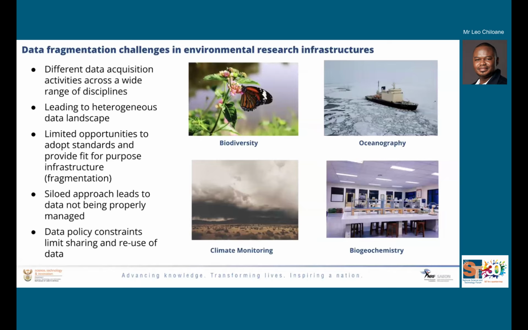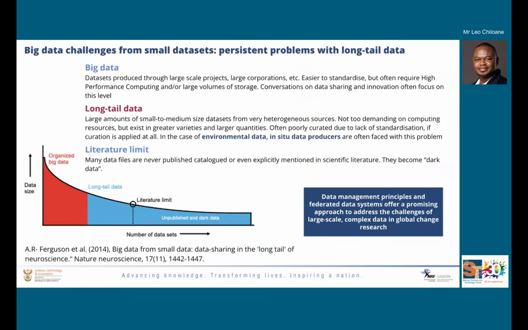And especially if you consider what other institutions are doing, not just us. And the siloed approach leads to data not being properly managed. What we find, especially when it comes to data sharing with other institutions, is data policy constraints also do limit the sharing and reuse of data. So in terms of systems design, we've got to take that into mind.